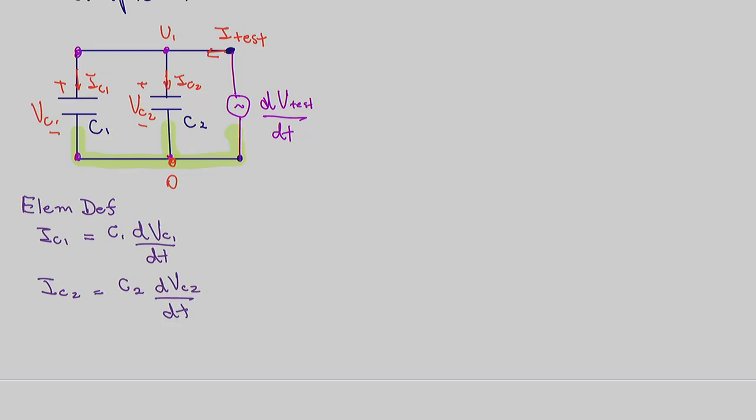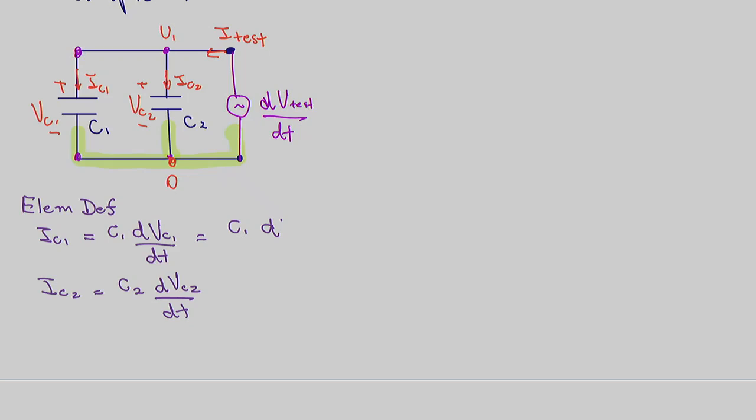What do we want to solve for? Potentials and currents. We have to write these voltages as potentials. So for IC1, current 1, it will be C1, capacitance 1, times dVC1 dt. What's VC1? VC1 is the voltage across this element, which is between 0 and U1.